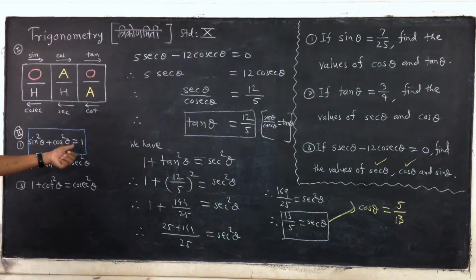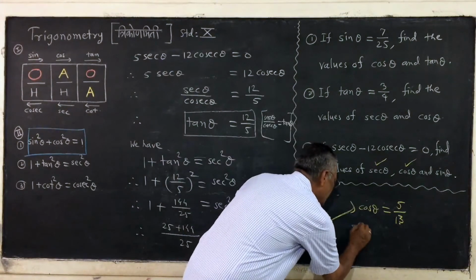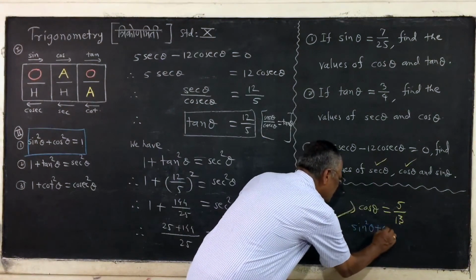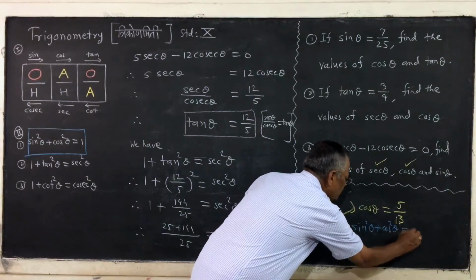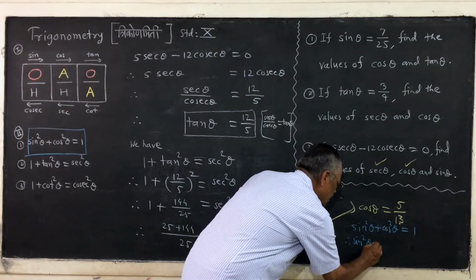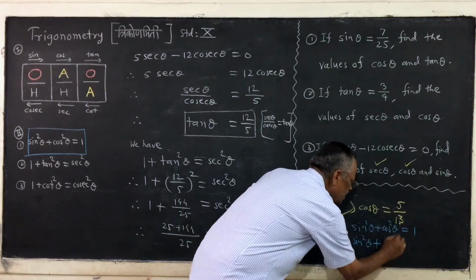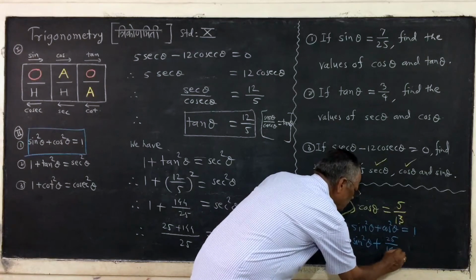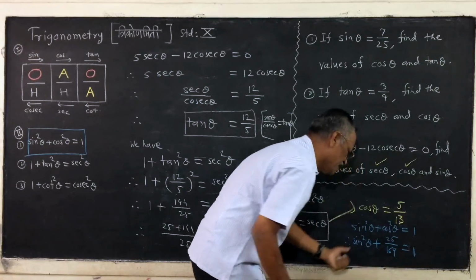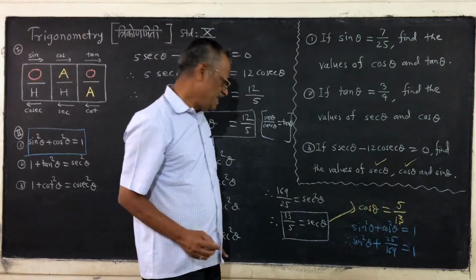Sin square theta plus cos square theta is equal to 1. So use that identity. What is that cos square theta? 25 upon 169. After that, you can find out sin square theta.